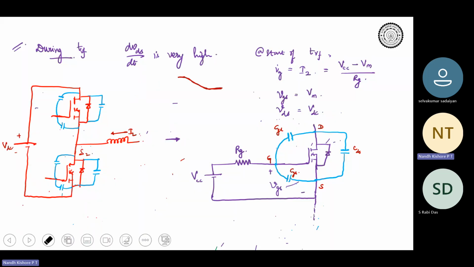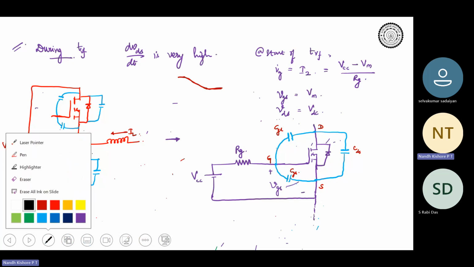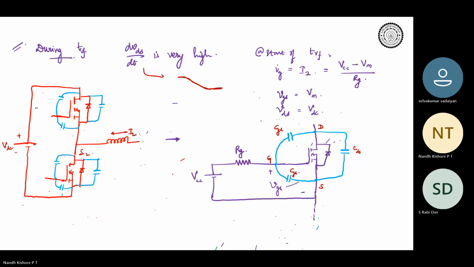dVds by dt should be negative, right? Because the voltage is falling from VDC to almost zero. Do you understand? So dVds by dt should be negative. The voltage is falling. Is this fine? Take your time to process, please.